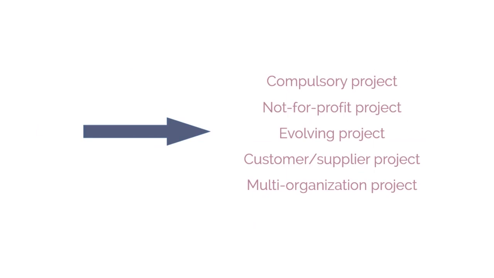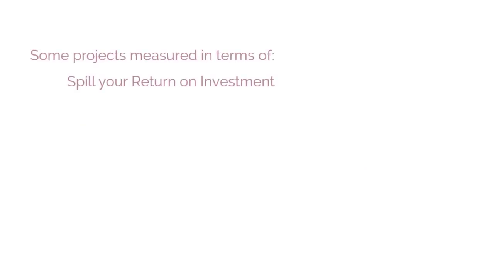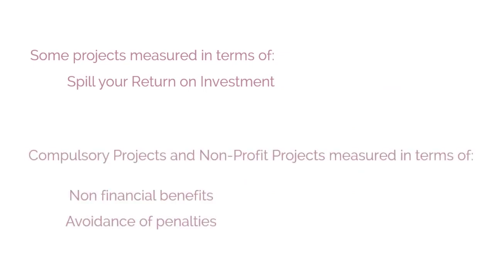Consequently, there are different types of business cases associated with different kinds of projects, such as compulsory projects, nonprofit projects, evolving projects, customer-supplier projects, and multi-organizational projects. Some of these projects may be measured in terms of return on investment, but others, such as compulsory projects and nonprofit projects, may be measured on non-financial benefits and avoidance of penalties.